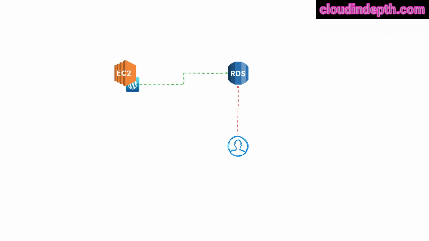So let me give you a real example where RDS might fit. As you see in the picture, let's say we have an EC2 instance and we want to deploy a WordPress website into AWS. In that case, we will deploy the WordPress application into an EC2 instance or ECS container, and then we will host our database in RDS.